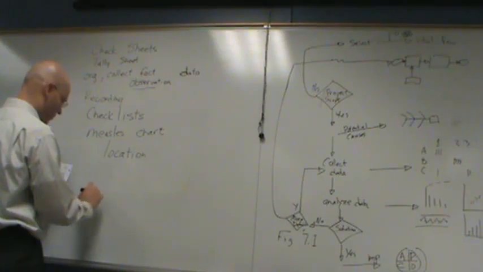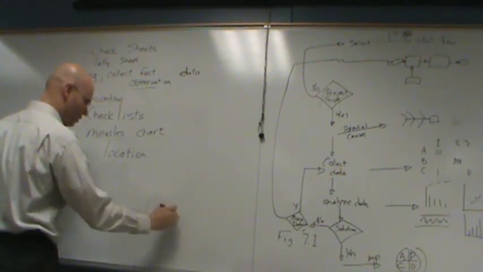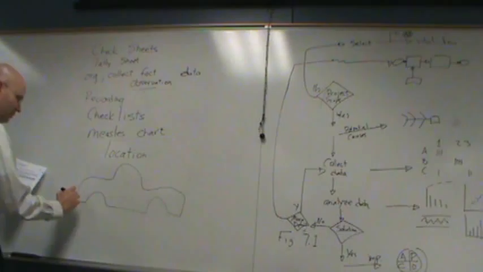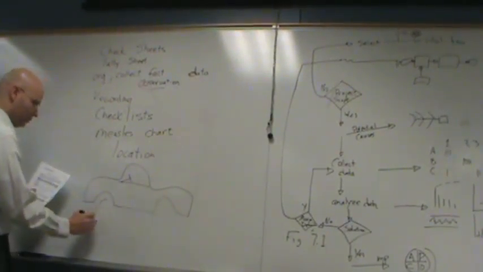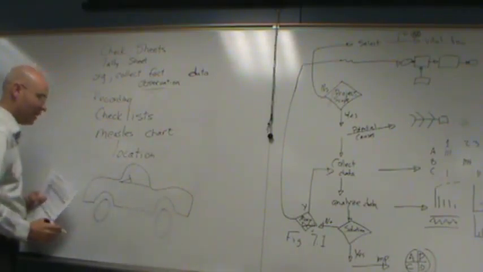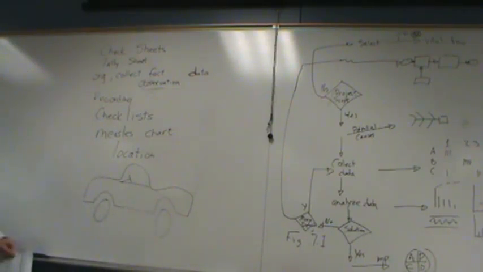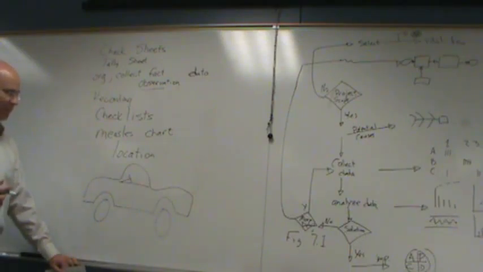So sometimes you'll see this crude example. This is a crude vehicle with our wheels on it. And so a measles chart or location chart, I've seen it frequently on material handling issues or shipping issues.